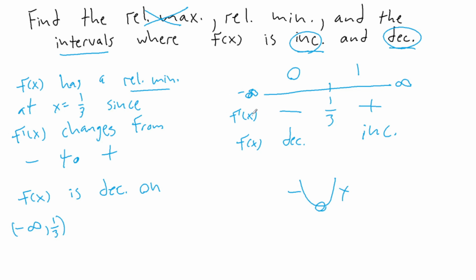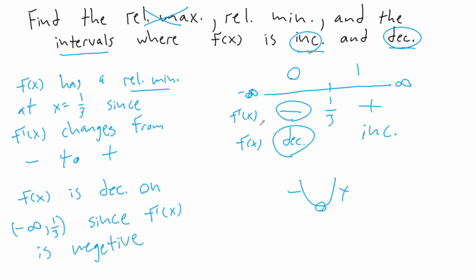Because all of this from negative infinity all the way up to 1/3, f prime is negative. So that means that f of x is decreasing when f prime is negative. So f of x is decreasing on negative infinity to 1/3 since f prime of x is negative.